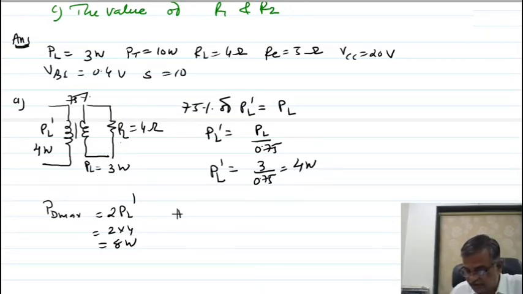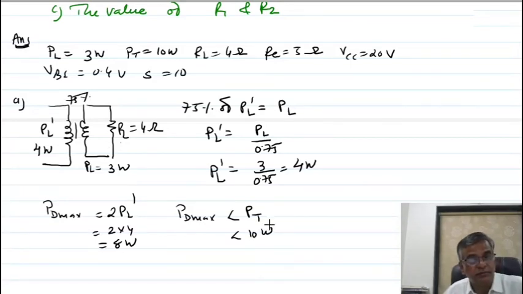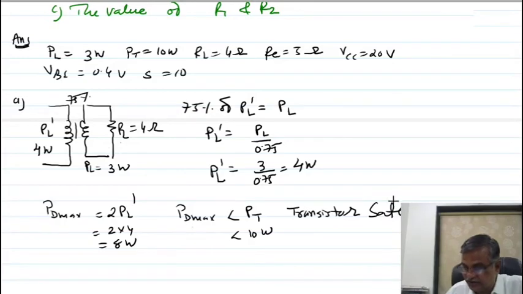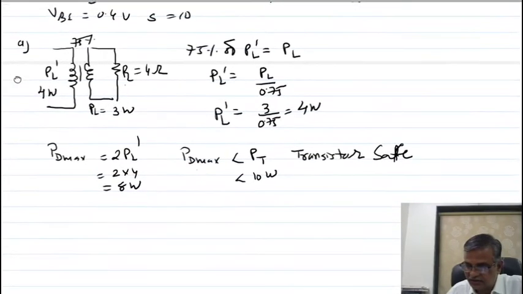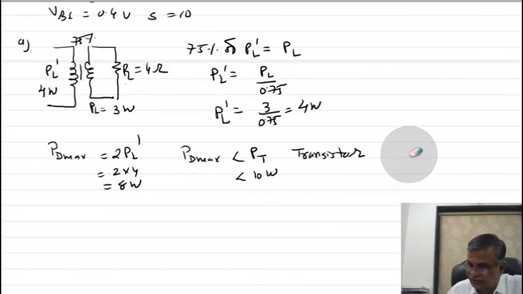So you can see that here PD max is less than the PT. PT you know is the maximum average power dissipation capability of a transistor. So if PD max is less than PT, so transistor is safe. It is operated in which region? Safe region. Transistor is operated in a safe region you can say. Transistor is safe.